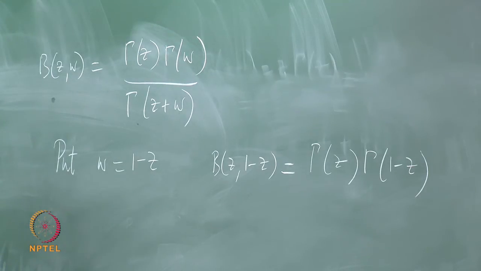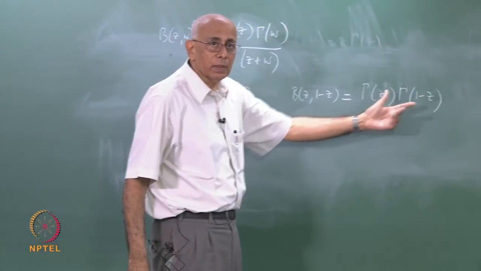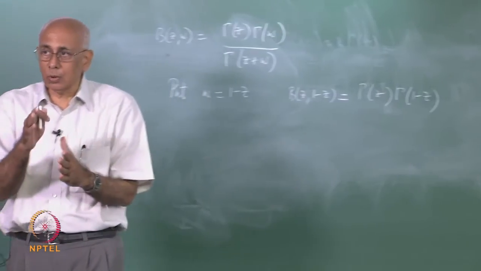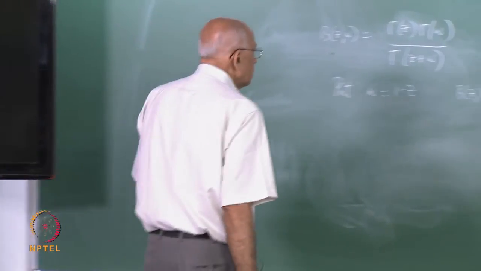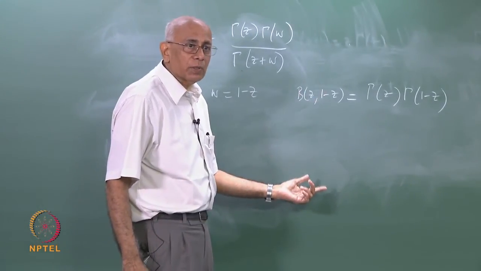So you have a relation which says the product of these two gamma functions, gamma of z gamma of 1 minus z, a sort of symmetric product about the point half, about the line half, for instance, is just a beta function here, and you can write a representation for this function here.